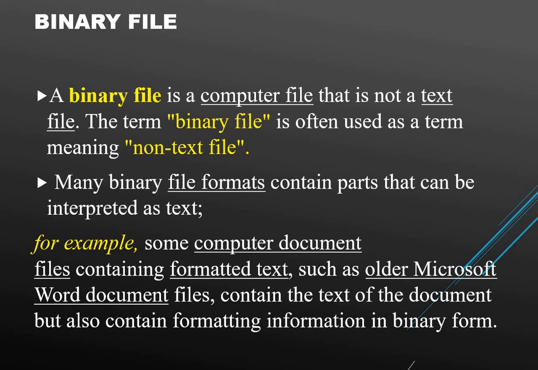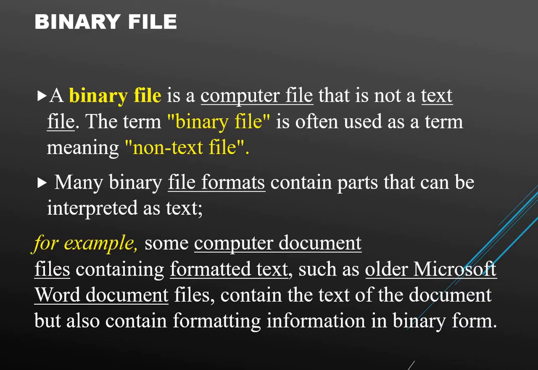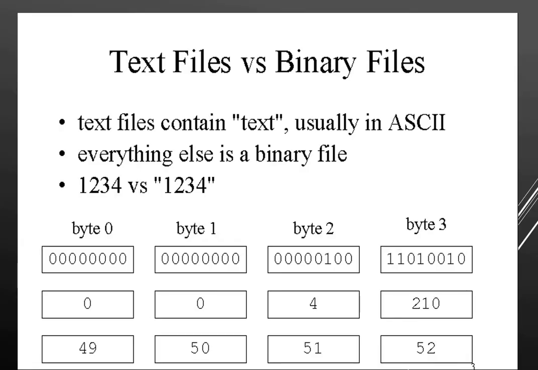Okay. Many binary file formats contain parts that can be interpreted as text. For example, some computer document files with formatted text, such as a Microsoft Word document, contain the text of the document but also contain formatting information in binary form. All right, just remember that Microsoft Word documents and also PDFs are non-text files. A text file contains text usually in ASCII, and everything else is a binary file.